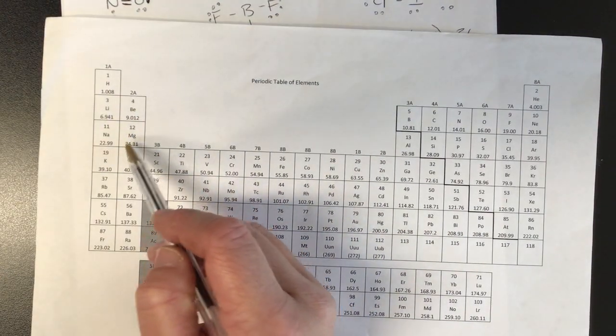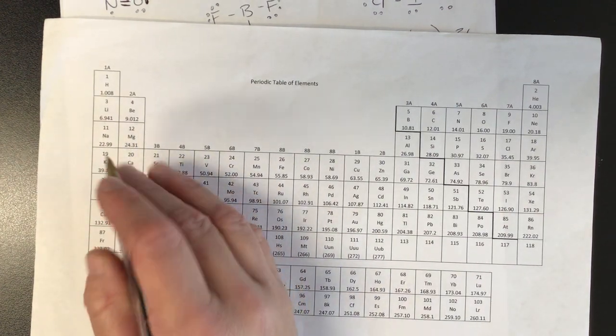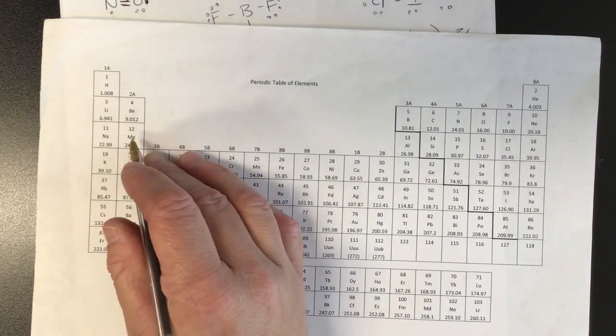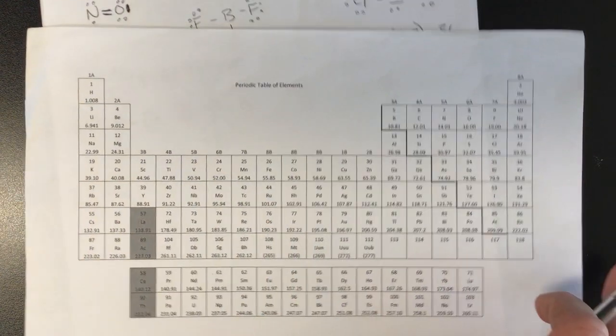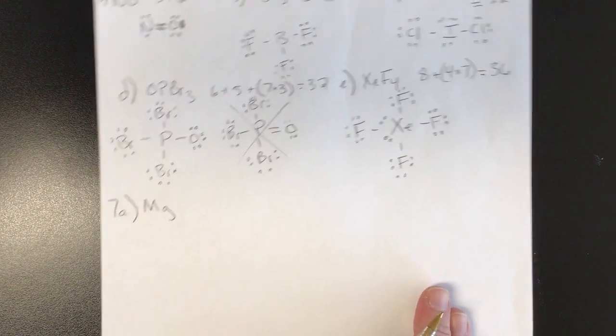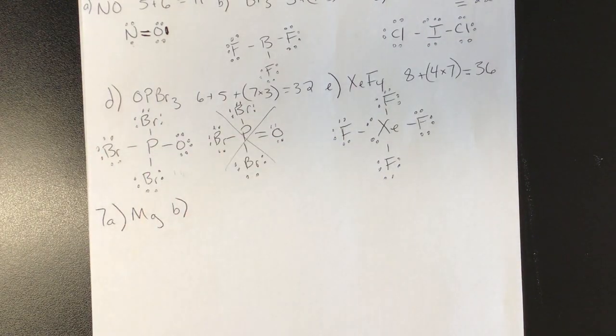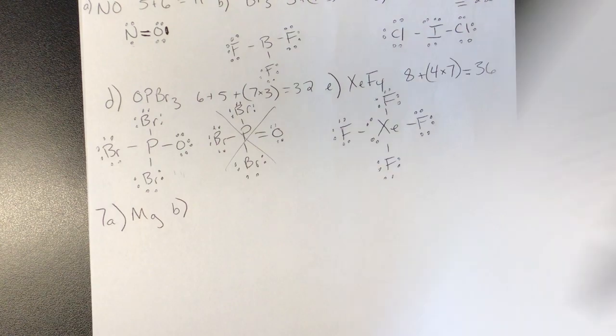Since magnesium is toward the top right, it would be the most electronegative. Okay, B, we have phosphorus, sulfur.